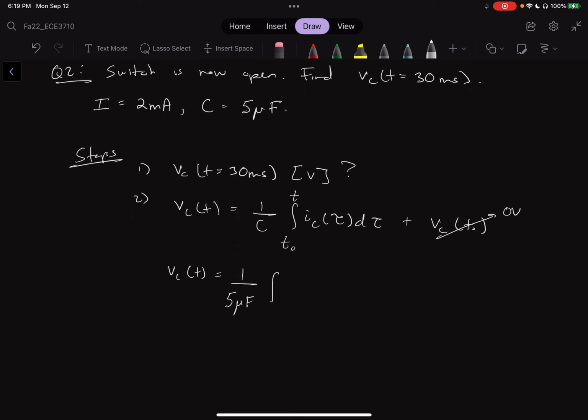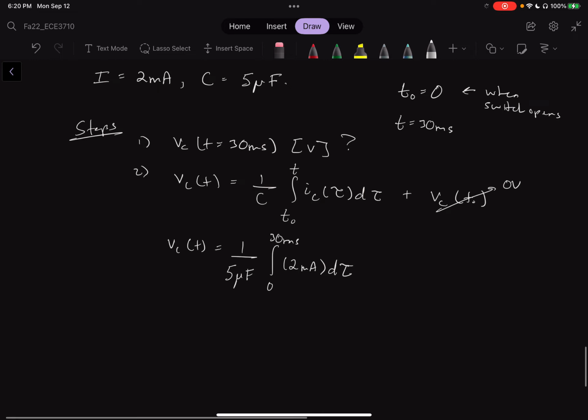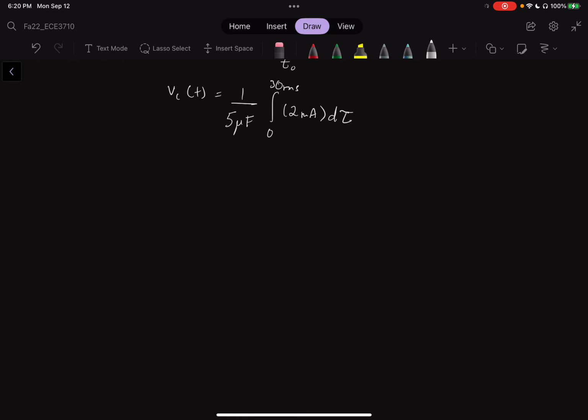And I'm integrating from, what's the initial time? 0. Initial time is equal to 0, because that's when the switch opens. And what's my t? 30 milliseconds. So 0 to 30 milliseconds. And I'm integrating over what function? 2 milliamps, with respect to some dummy variable. And we can do this integration.